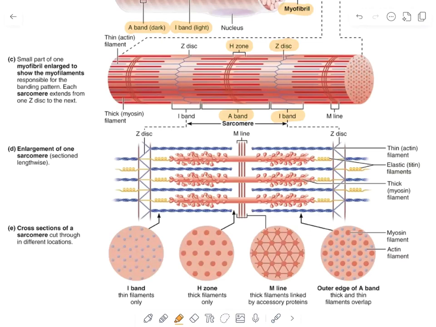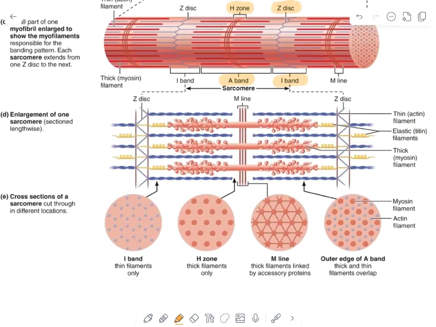When we look at just the filaments, we can see really well the detail with the H zone. The center of the H zone is the M line. That's in the A band, the length of the myosin, the thick filament. And then the Z disc is in the I band, which is where we find part of the thin filament, which is actin.